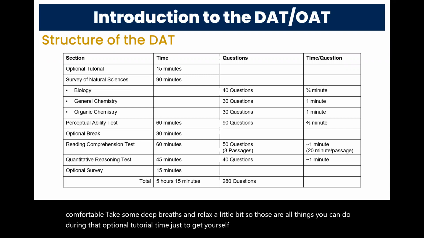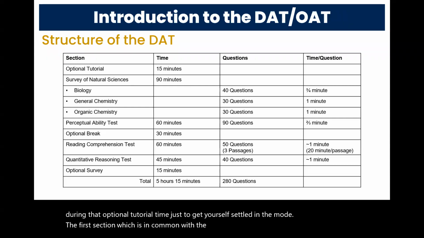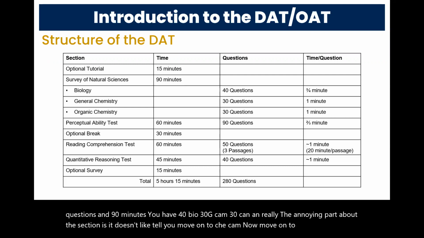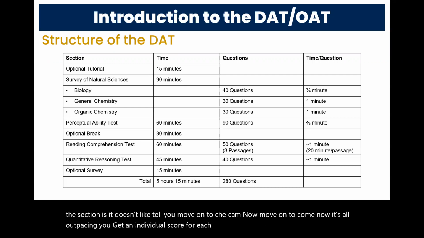The first section, which is in common with the OAT, is the Survey of Natural Sciences. It's 100 questions in 90 minutes. You have 40 bio, 30 GChem, 30 OChem. And really, the annoying part about the section is it doesn't tell you move on to GChem now, move on to OChem now. It's all about pacing. You get an individual score for each of these 3 subject areas.